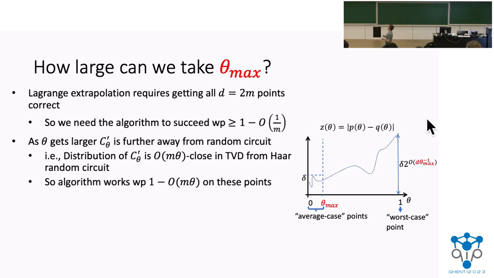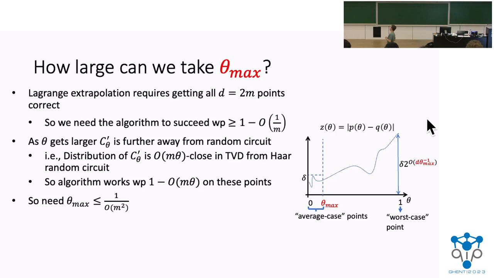Now, what that means is that you can show that the faulty algorithm, if it worked before, say, with probability 1, which it didn't, but let's just say it did, then it works with probability 1 minus m times theta on these points that are not exactly Haar-random, because the guarantee of the faulty algorithm was only that it works with high probability on a random circuit.